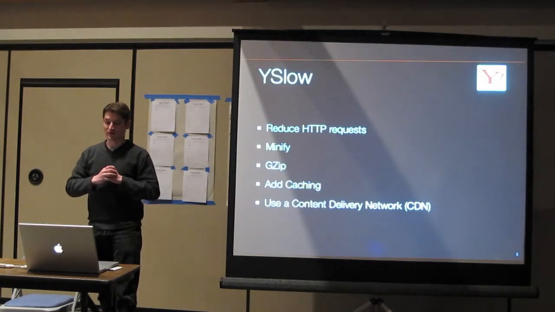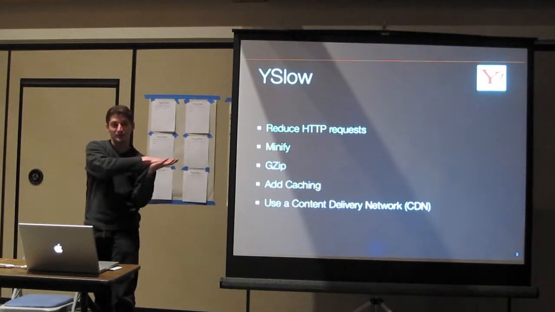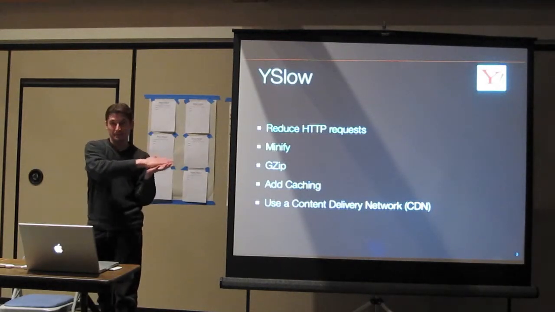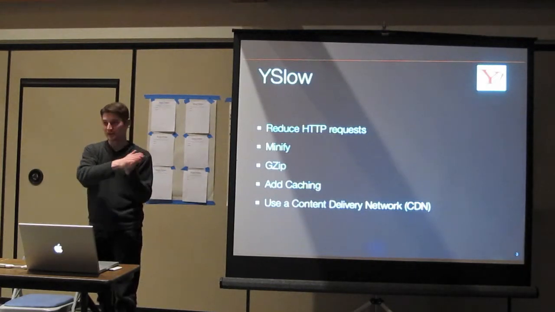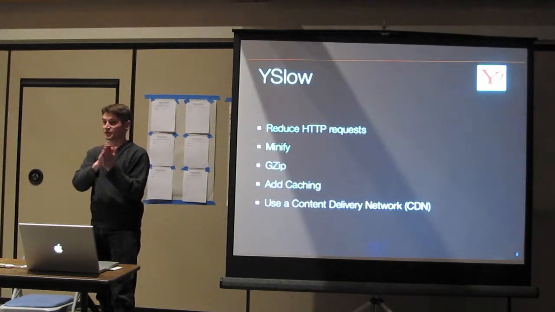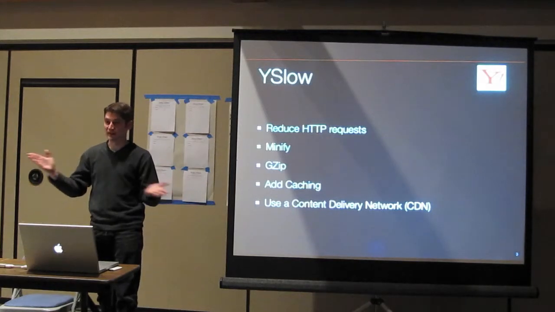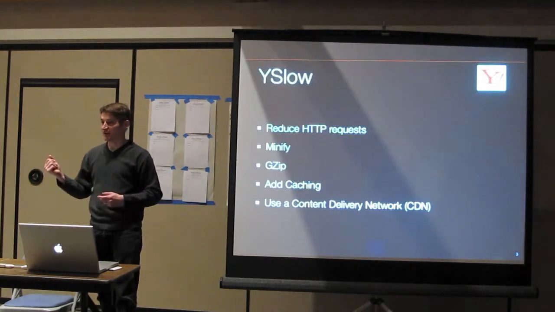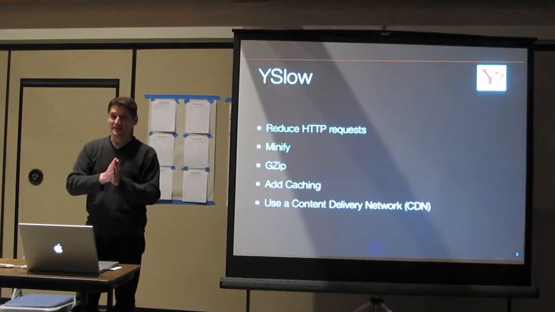One good way to do it is, for example, to merge all your stuff together. So instead of sending over 5 different JavaScript files, just put it into one file. Same for CSS stuff. Another way is to make the stuff you're sending over the wire smaller. For JavaScript and CSS, you can minify your files, for example, just taking out the white space and all that stuff. Another one is to send it compressed.